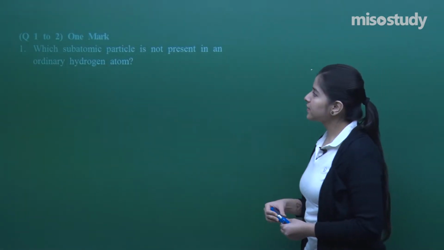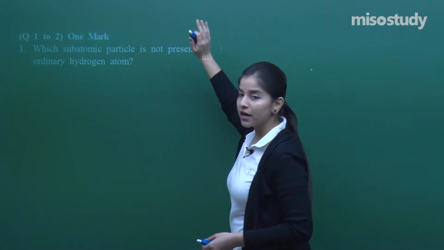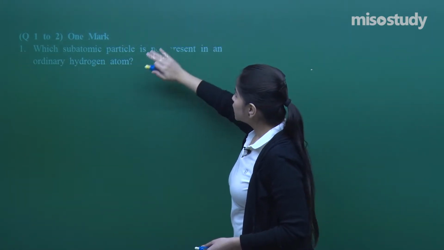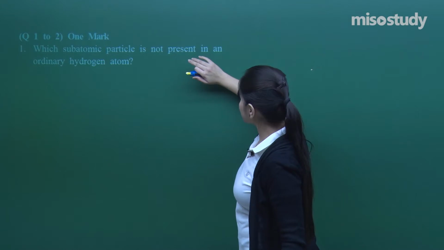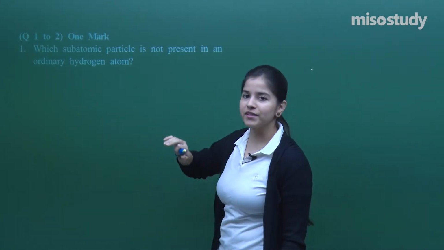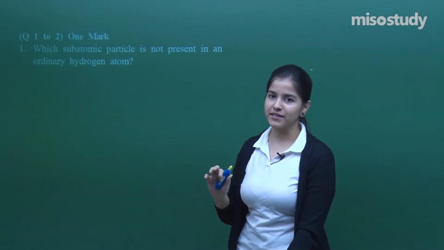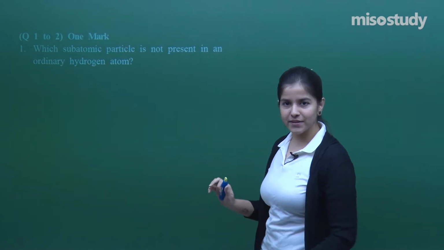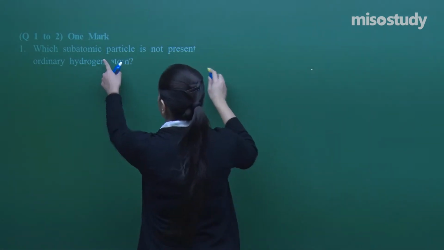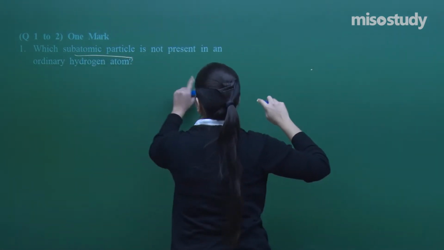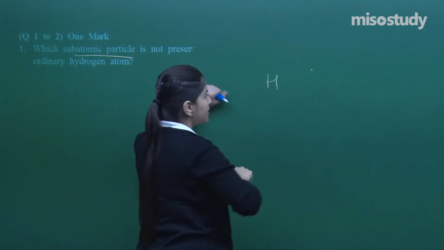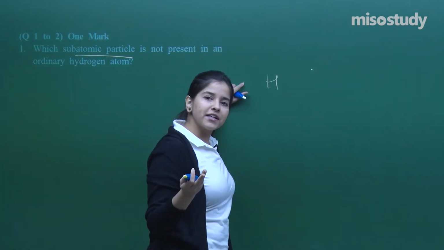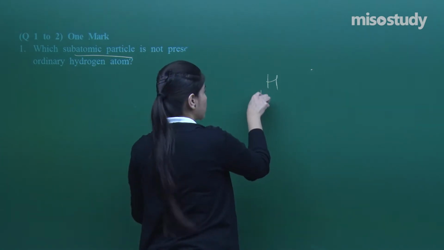Now as the instruction says, questions 1 and 2 will be 1 mark questions, fine? Which subatomic particle is not present in an ordinary hydrogen atom? You have to find it out. Let us take up the hydrogen atom only. How many electrons are there in the hydrogen atom? It's 1.